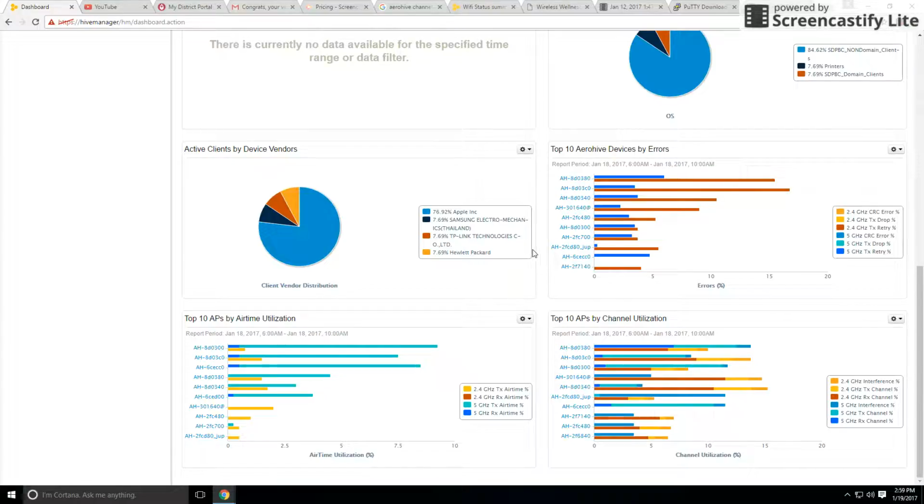If we look here, we can see that we actually have 6% retry on the 5 gigahertz for 8D0380, which is one of our high airtime access points.